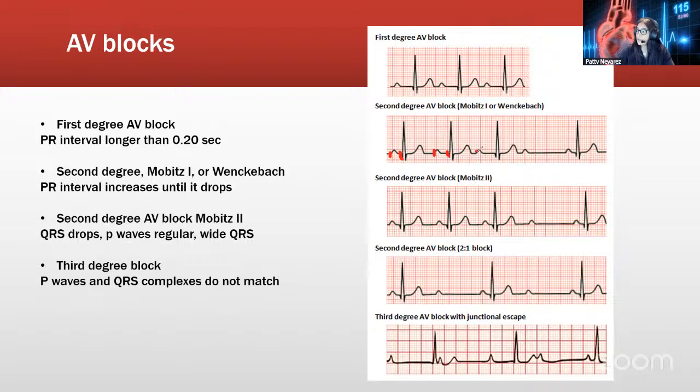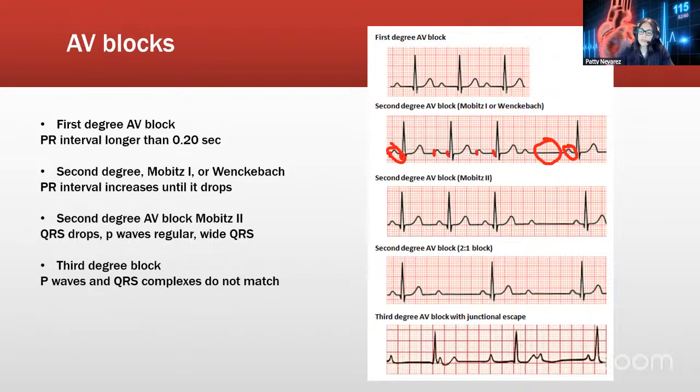We go on to the next one, and this PR interval is way longer than the one before, and then we notice the absence of the QRS. And then it restarts, coming back to the first P and QRS complex that we have here.